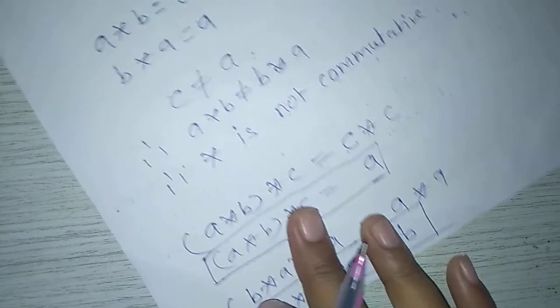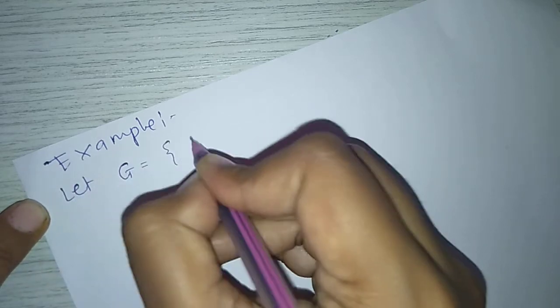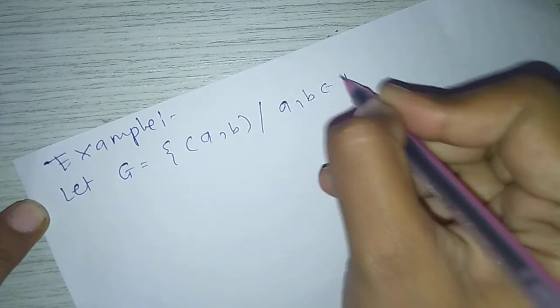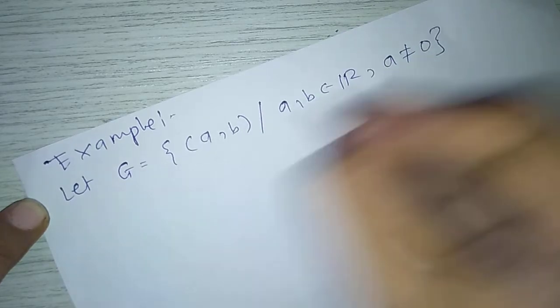Now see the next example. Let G equal the set of (a, b) such that a, b belong to R, a is not equal to 0.